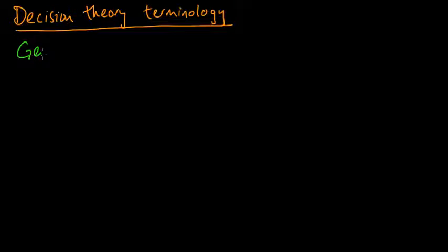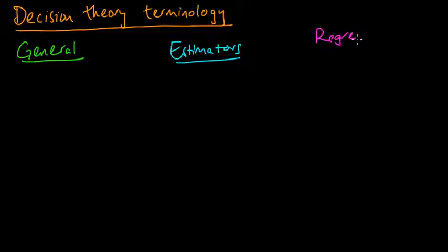I wanted to tell you about the general setup in decision theory, the terminology and notation that people use, and then the corresponding things in the context of estimators, and third, the corresponding concepts and terminology for regression and classification in the supervised learning setup.